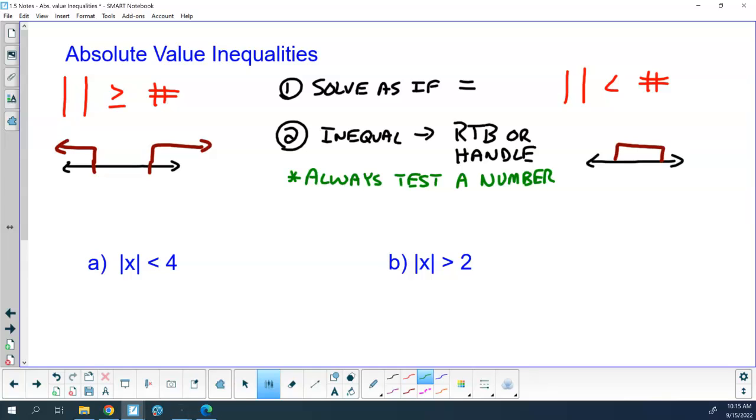If it's true, that zone needs to have the arrow above it. If it's false, that zone doesn't have the arrow above it. And the outside zones are going to be the same, and the opposite of the inside zone.